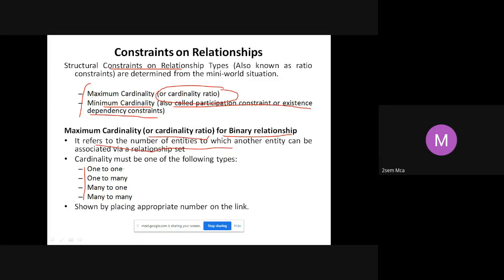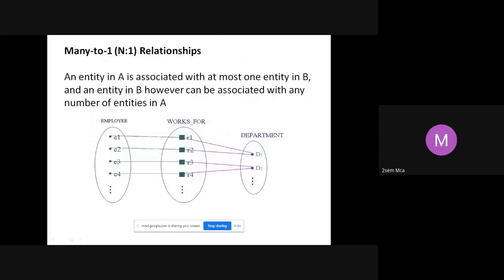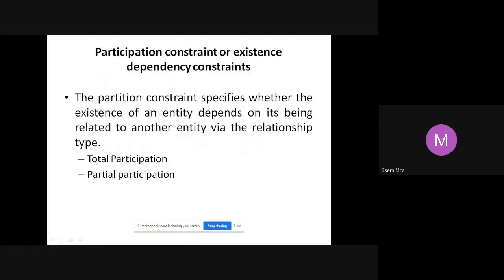So 1 to 1, 1 to many, many to 1, many to many. That is maximum cardinality. Next, very important, is minimum cardinality, which is also called participation constraint or existence dependency constraint.